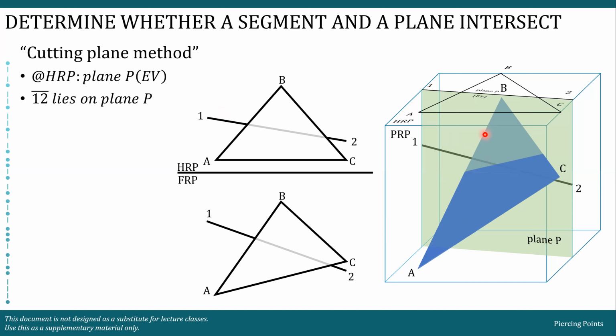Plane P will intersect plane ABC. Okay? Pero, since naka-edge view yung ating plane P dito, hindi natin alam kung nasan yung, nakikita nyo ba to? Hindi natin alam kung nasan tong line na to, yung intersection ng green na plane at saka ng blue na plane. So, yan yung actually hanapin natin.